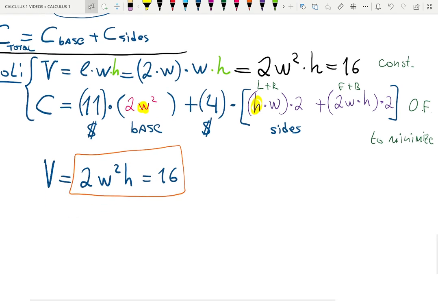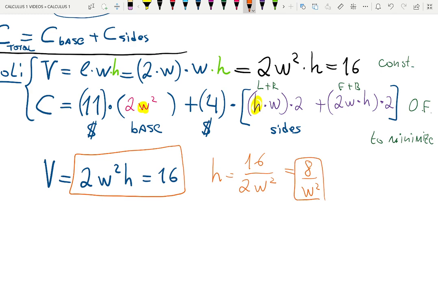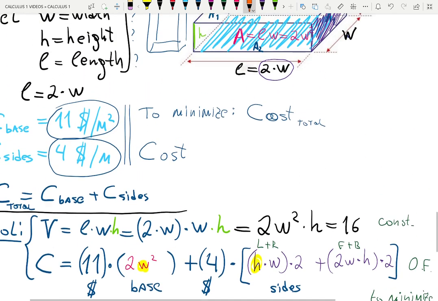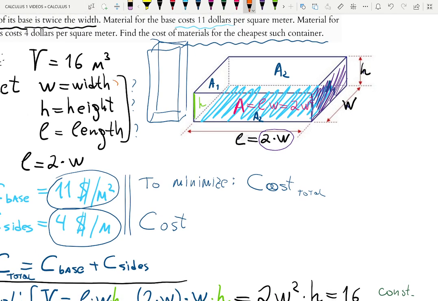Let's solve for h. H will be 16 divided by 2w squared. Now we have a relationship between h and w, and we can even simplify it. It is 8 over w squared. This does not make sense if w is 0, but we can assume that all the variables over here are positive.